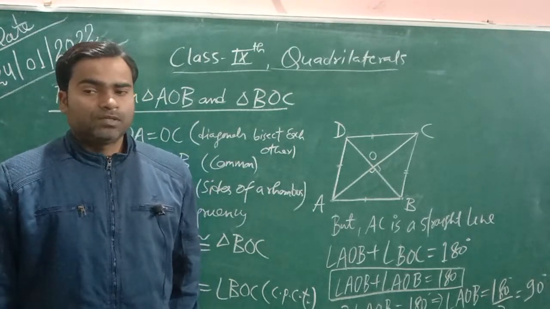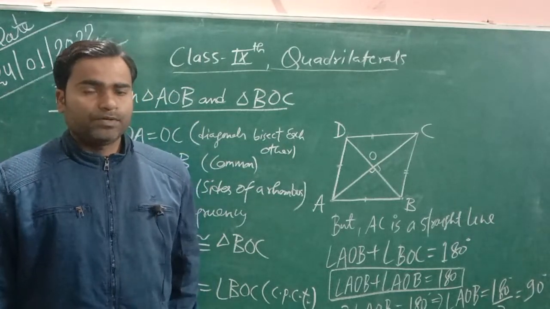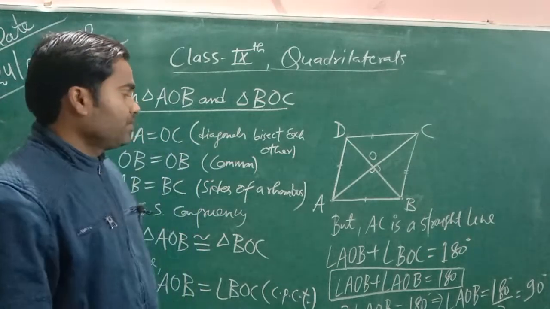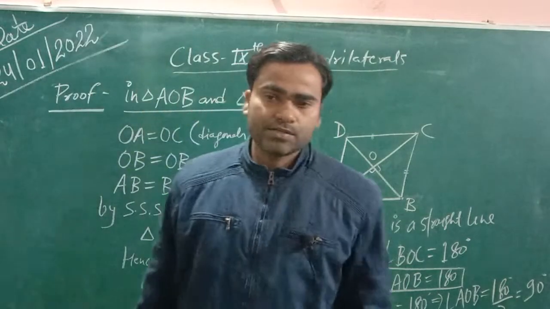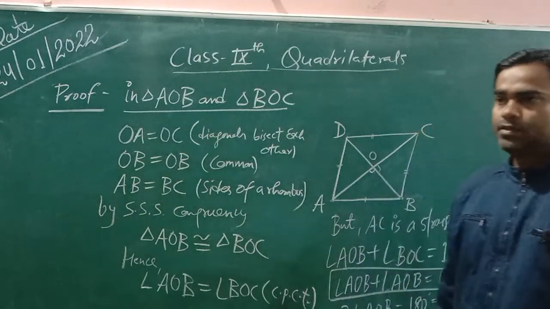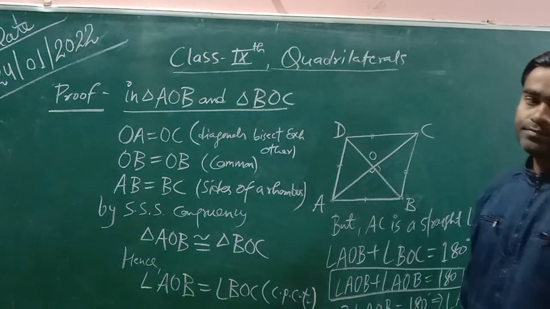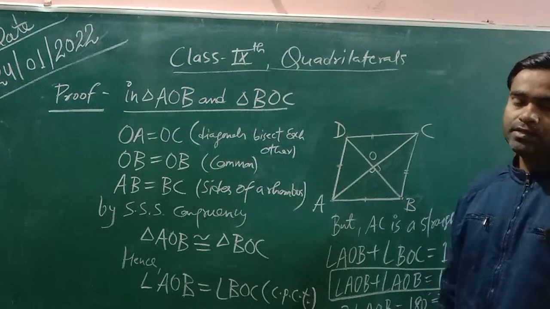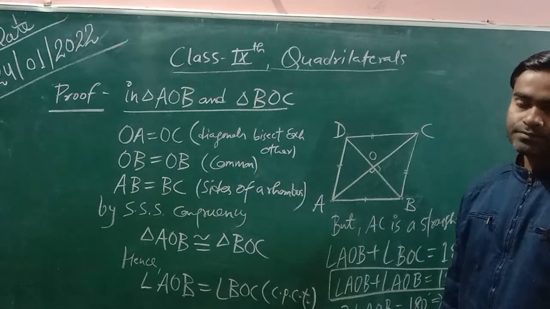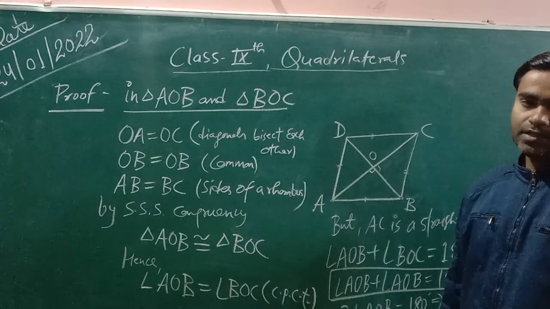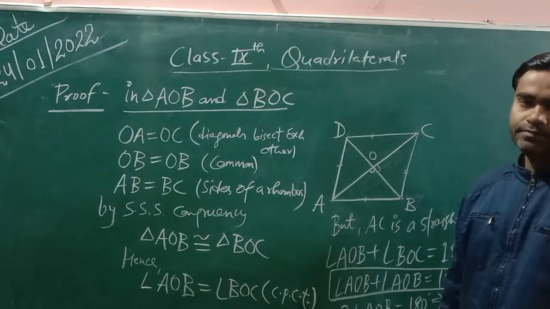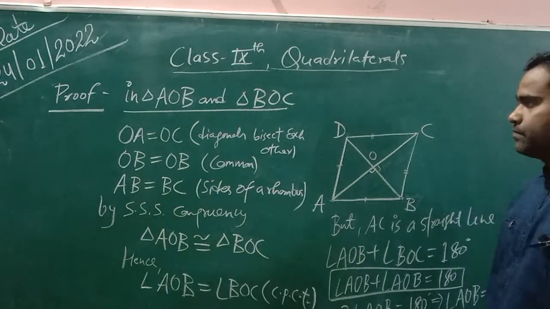Now write the next question. Diagonals of a rhombus are of the lengths 24 cm and 10 cm.